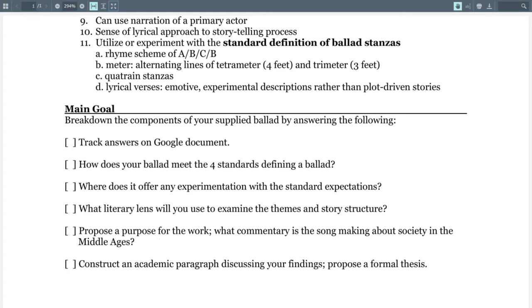Is there some sense of a commentary in the song that describes details about the Middle Ages? Is there something in the song that relates the social structure that is different than today?